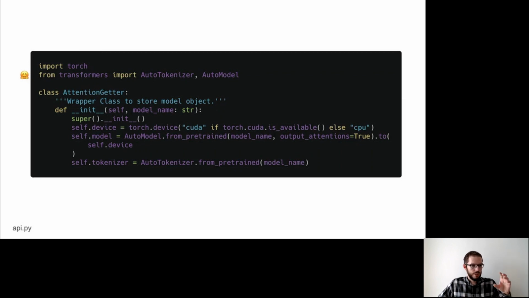Therefore, once we have defined this class AttentionGetter, we just initialize the class with the following objects. We have a device, whether we are on a GPU or CPU server. We have the model, which can be any model that is compatible with this auto model from pre-trained API. And then we have the corresponding tokenizer.